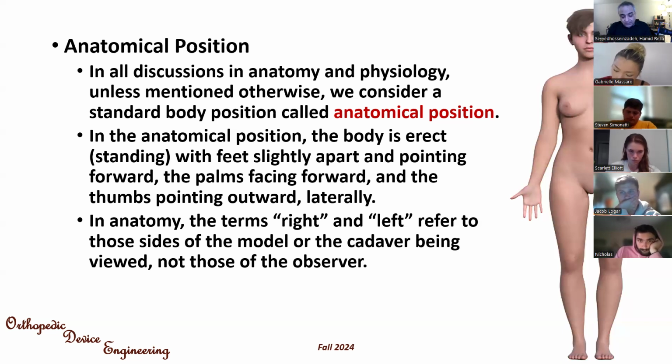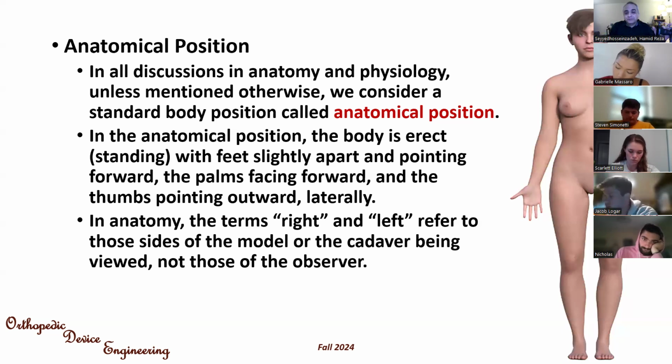And one important thing is when we are talking about the left and right in medicine, we are talking about the left and right of the model, of the patient, of anything that is in front of us. The X-ray, the MRI, the CT scan. We are not talking about our left and right.